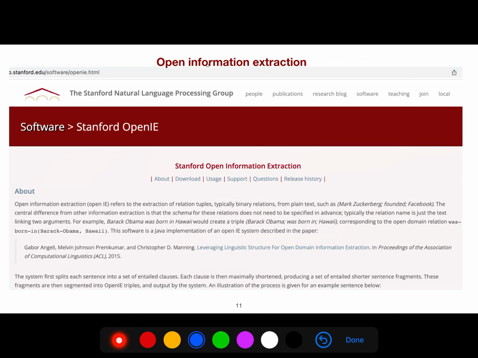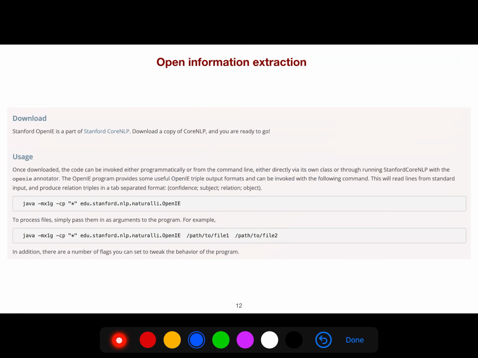Oh, by the way, you can use Open Information Extraction of Stanford. It's open source. It was developed by great people like Christopher D. Manning, the founder of GloVe, and many interesting things. You can download it and use it.